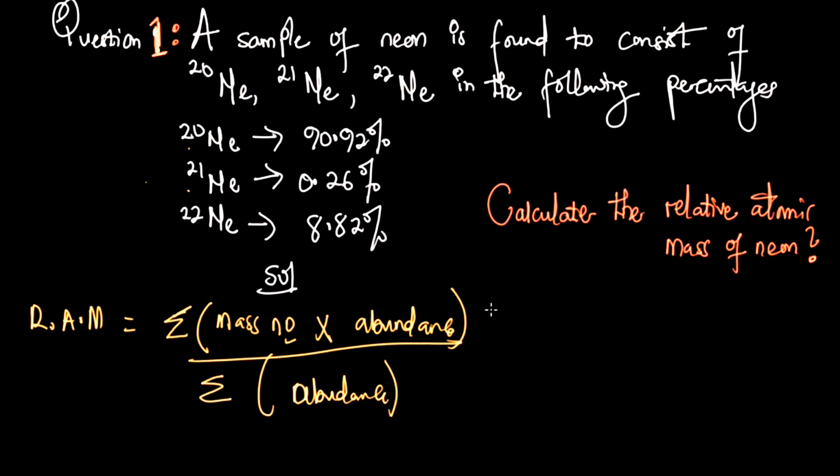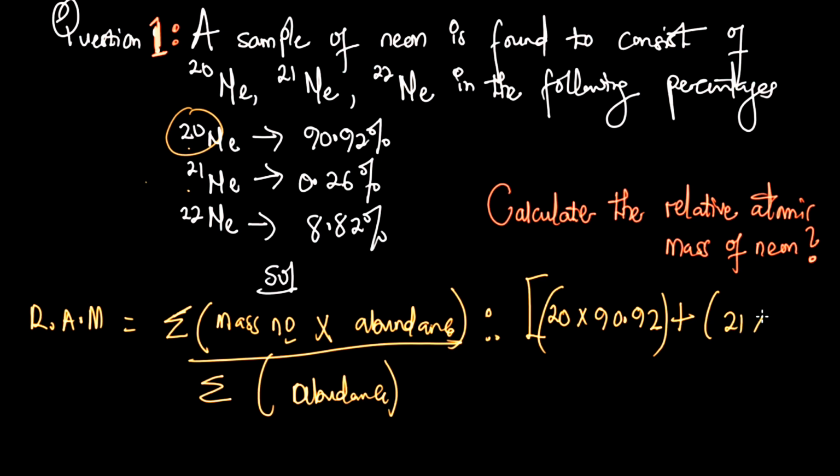So in this question, the relative atomic mass is 20 times 90.92. This is the mass number, and we multiply it with its abundance, plus, let's put a small bracket here, 21 times 0.26, and then plus 22 times 8.82.